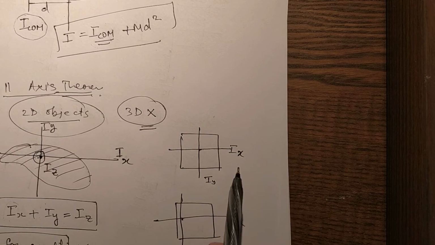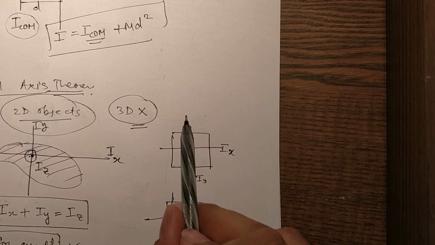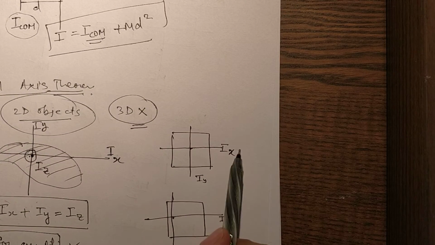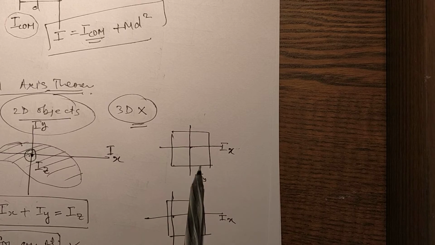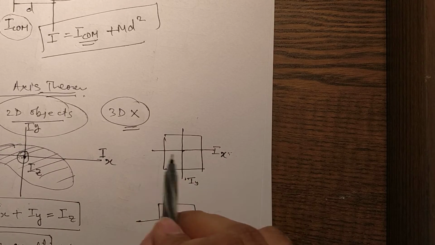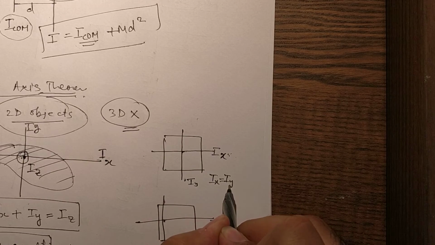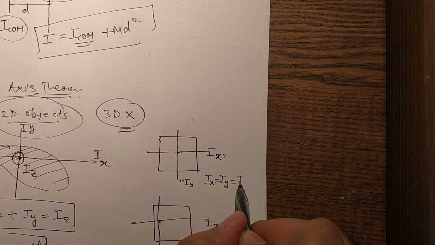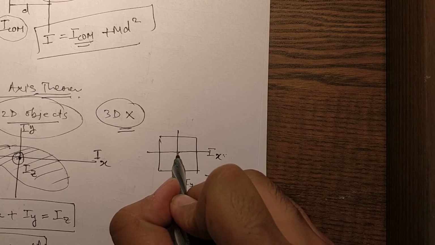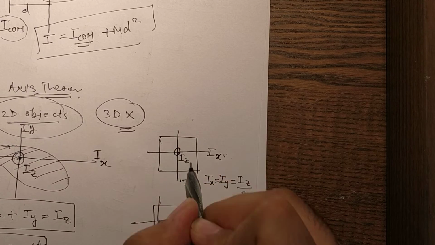In this case, mass is symmetrically distributed with respect to the x-axis and the y-axis, or with respect to this axis and this axis. Therefore, when mass is symmetrically distributed about two axes, Ix and Iy will be the same, and therefore I can write this as Iz by 2. Iz is the moment of inertia about this axis.